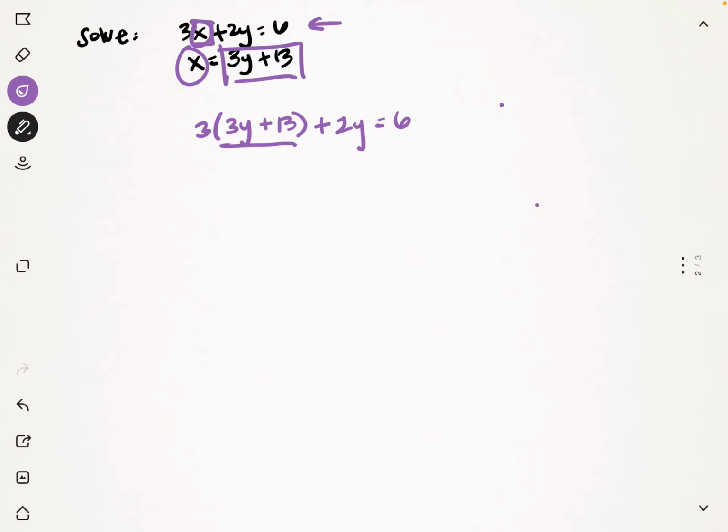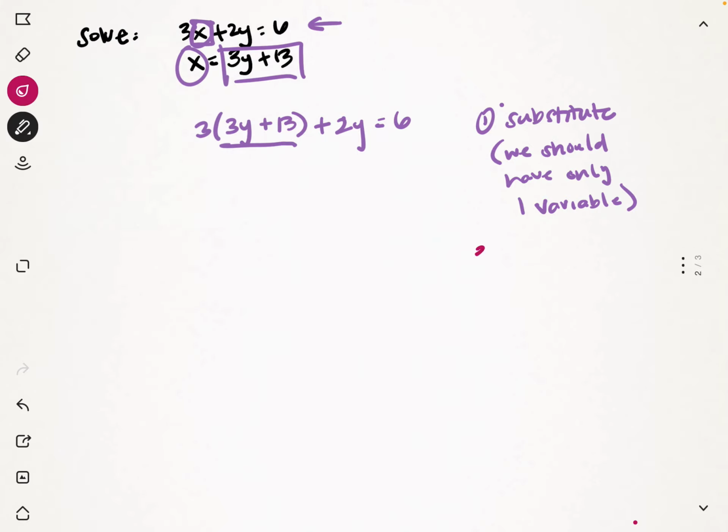And we can do that because we know that x is equal to 3y plus 13 from the second equation. Okay, so number one, substitute. And the hint here is we should have only one variable. Alright, so if we look at your equation now, we just have y's in our equation, so we know we're doing it correctly.